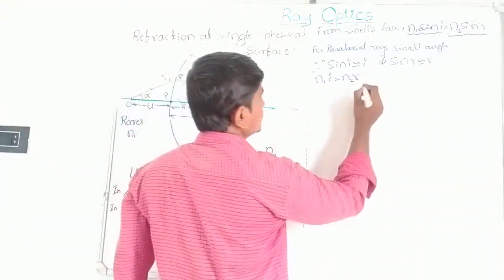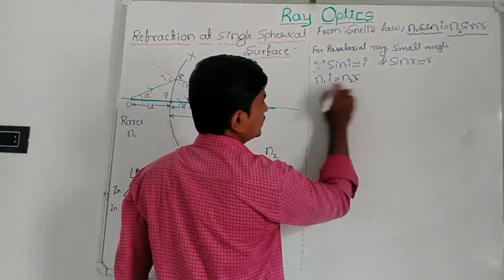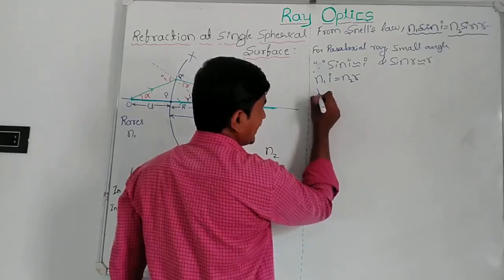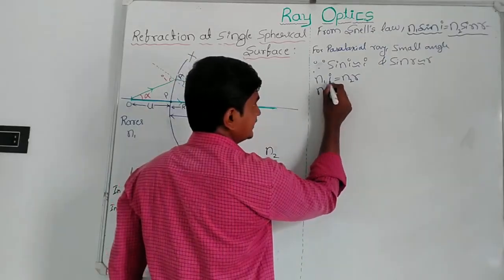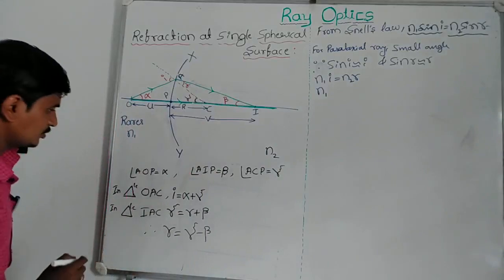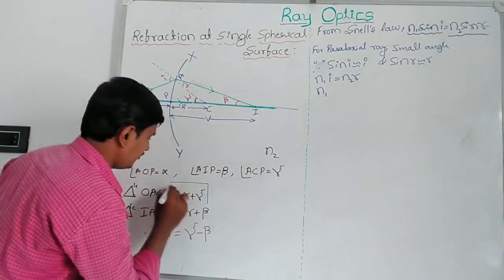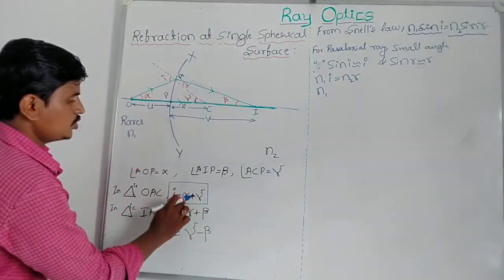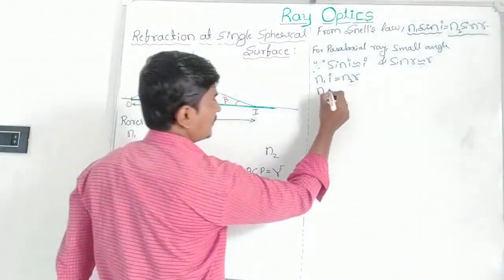Now substitute these values into this equation. n1 keep as it is. In place of I, we can substitute this value. See, this is the value of I: I is equal to alpha plus gamma.